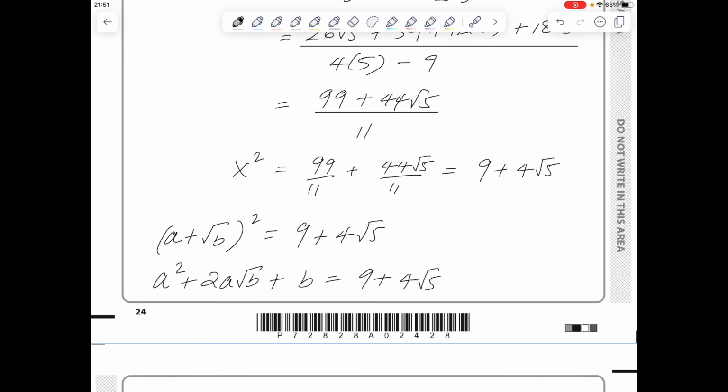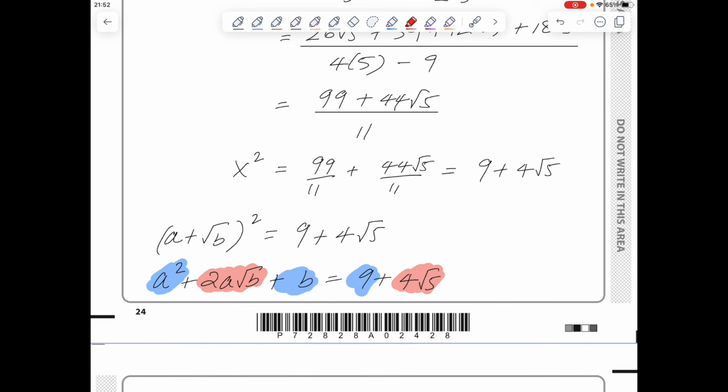Now, what I'm going to do on the left-hand side is isolate the terms that do not have a square root, and this is the first one and the last one. So what I am saying essentially is that a squared plus b is equal to 9, and the other term, the one that has a square root, is equal to 4 square root of 5.